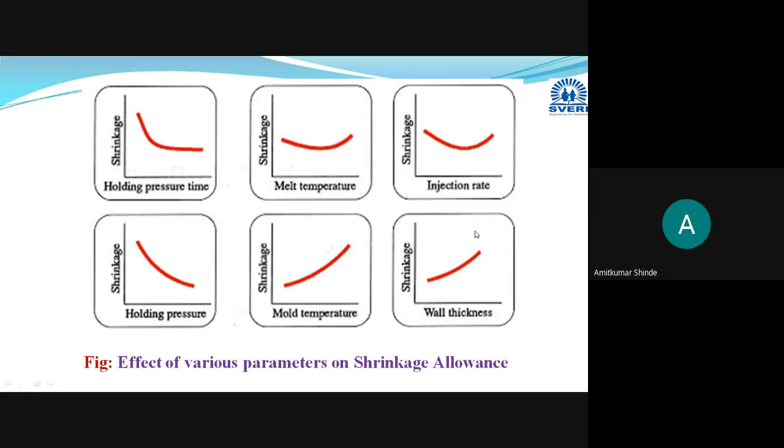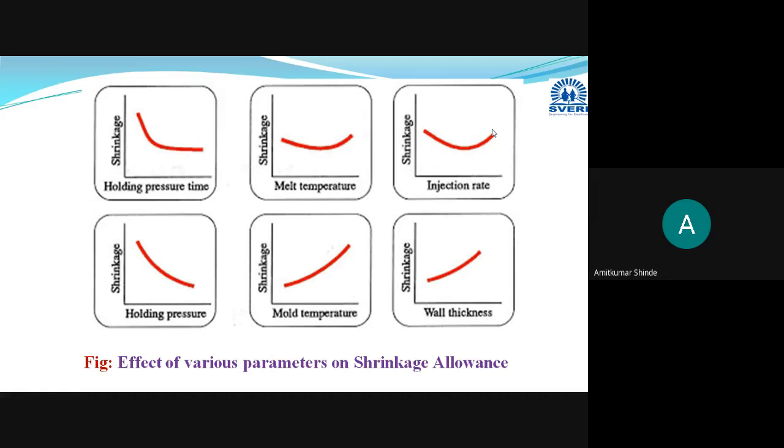And if you are using injection molding, then up to a certain extent, the injection rate will decrease the shrinkage allowance. After that particular point, if you use higher values for the injection rate, then more shrinkage allowance needs to be provided.